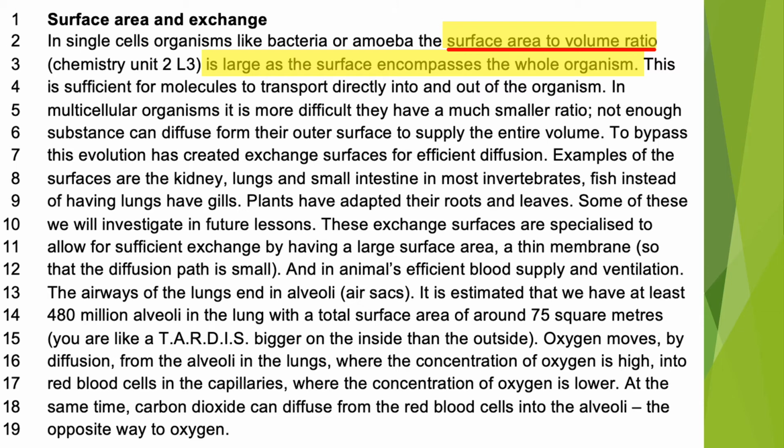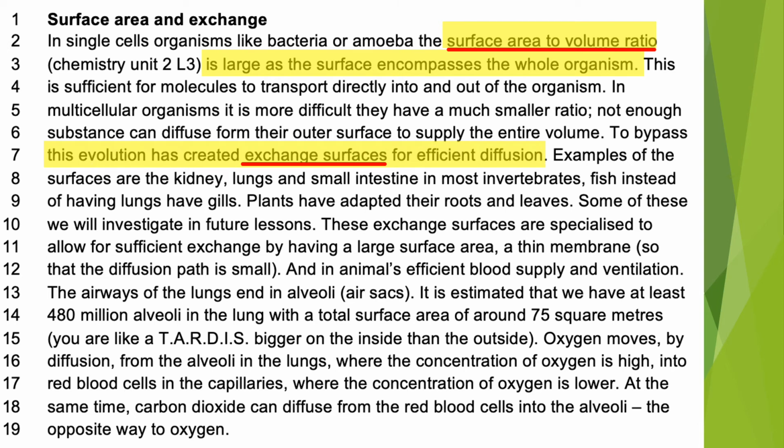So to bypass this, I'm on line 7 now, evolution has created exchange surfaces, all right, for efficient diffusion. So in our bodies, specifically our lungs, there's an area called the exchange surface where we can diffuse much better, okay? So our bodies have evolved so that we can breathe much better.